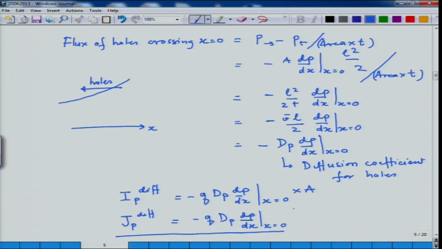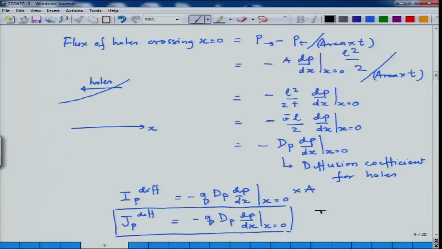We wanted to figure out, due to diffusion in a semiconductor, what would be the net motion of carriers, which would lead to a diffusion current. Now, there is a little bit more generalization which is required. I took this example for looking at the motion of carriers at the boundary x equal to 0, mainly for convenience. I could have taken x equal to some value x1, and still I would get the same expression.